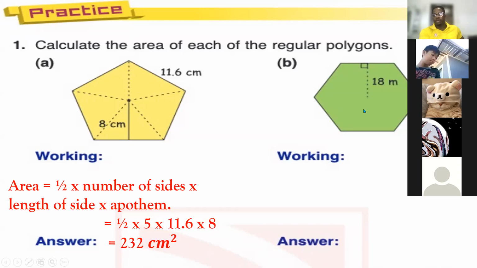So let's go to number 2. Number 2 will be done by Japan. Japan, are you there? Jutaporn, can you hear me?